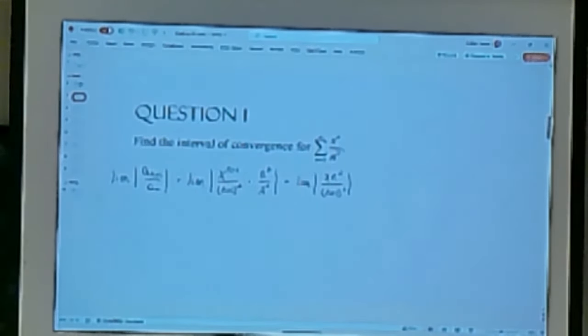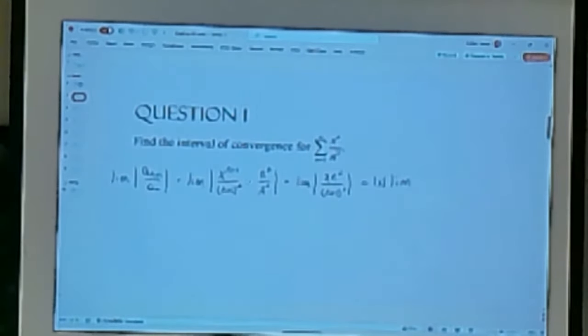That means for purposes of this limit, x is a constant. So we can factor out an absolute value of x. N squared over n plus 1 squared is always positive, so we can get rid of those absolute values. This is what we're left with.